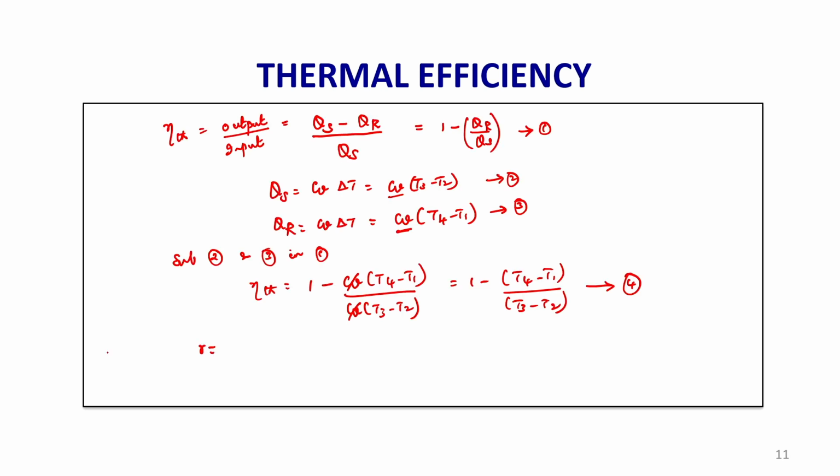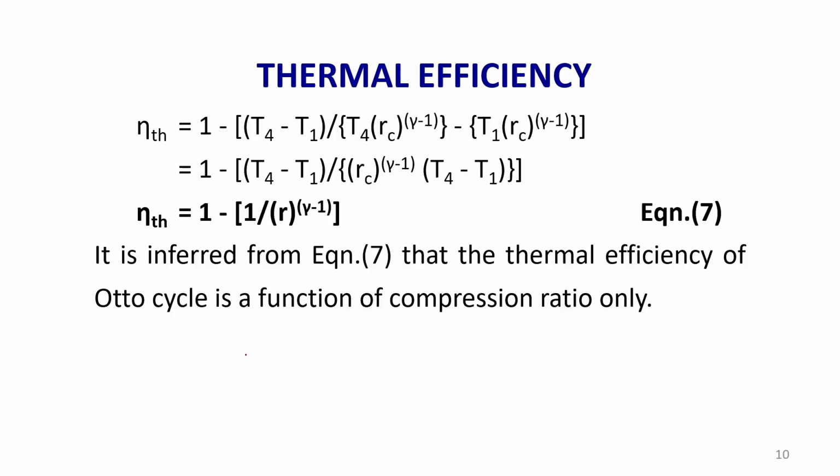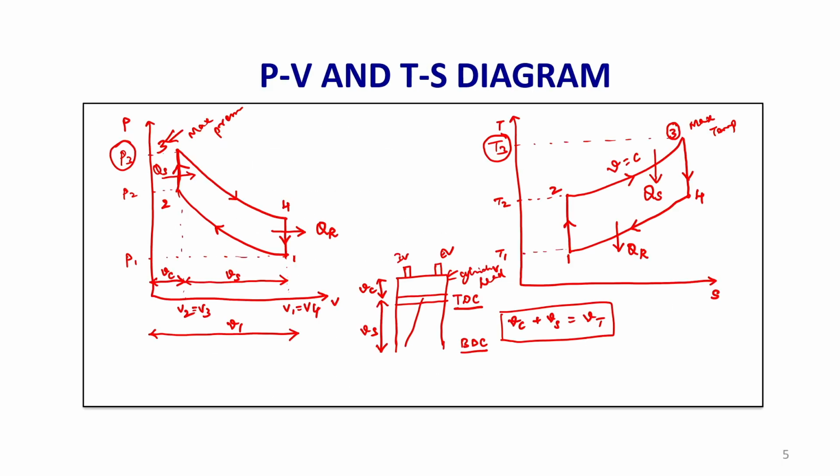Now, I am going to define one term, that is compression ratio. Compression ratio is represented by the letter R, V1 by V2. What is V1 by V2? V1 is the volume before compression and V2 is the volume after compression.